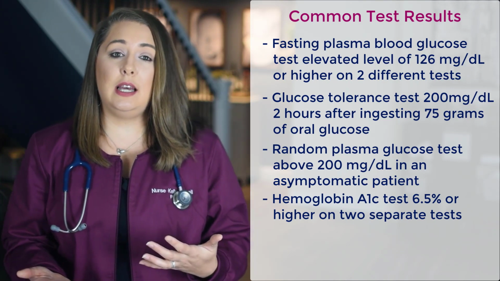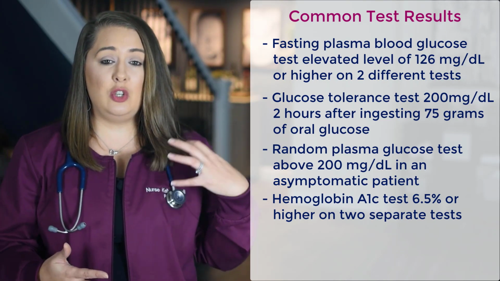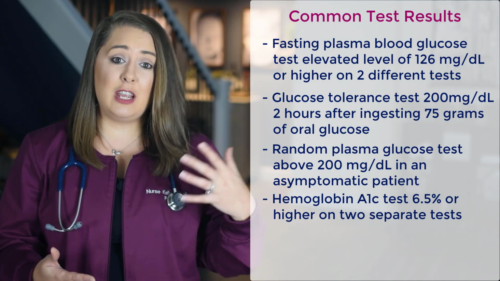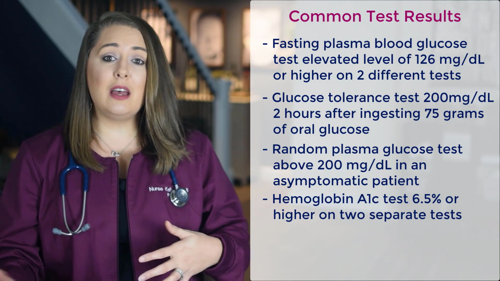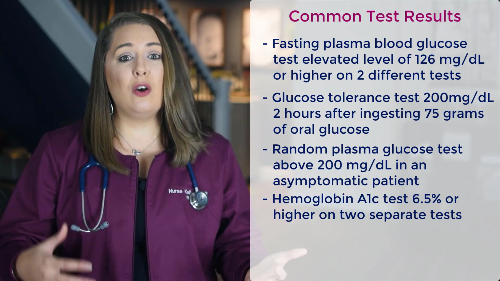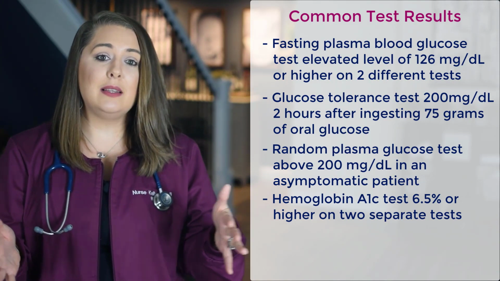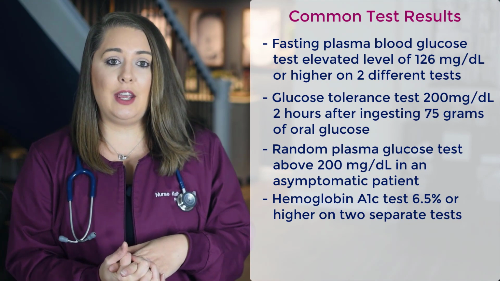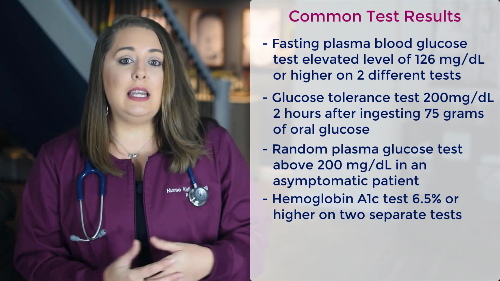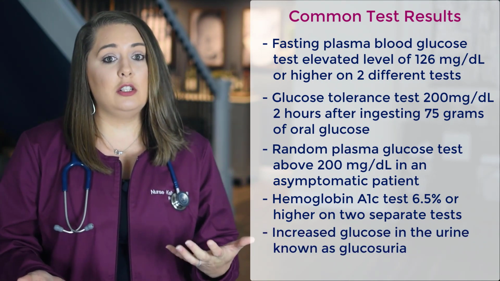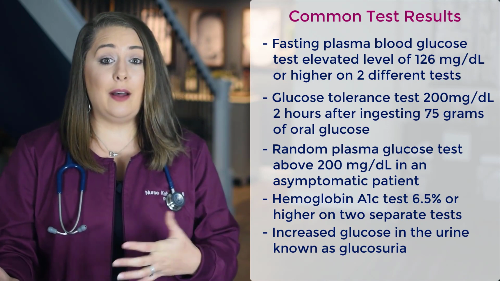Now, I will say that this test can be a little unreliable in patients who have dysfunctions involving their hemoglobin, like hemolytic anemia or iron deficiency anemia or pregnancy. So this test is not solely used to diagnose diabetes, but it can be a red flag indicator. And the last test you'll see is an increased glucose in the urine, which is also known as glucosuria.